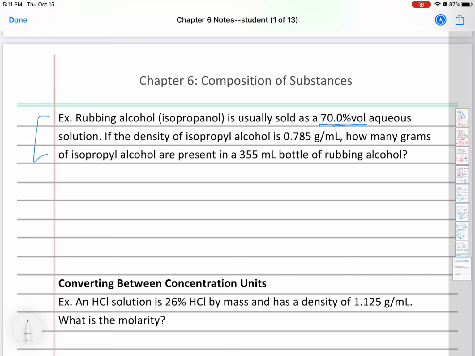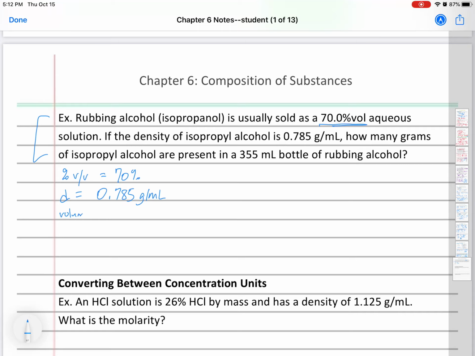I'm going to start by writing out what I have. I have a percent by volume. The percent by volume is 70%. And I have a density of 0.785 grams per milliliter. And I have a volume.